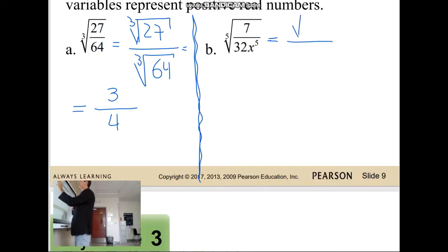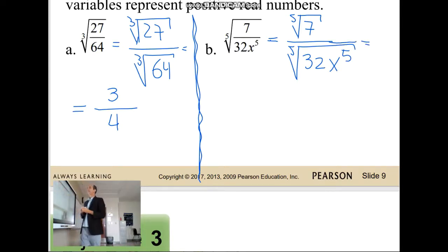So this is going to be the fifth root of 7 over the fifth root of 32x to the exponent 5, right? Simplifying a little bit more, we can actually simplify the denominator. Let's just repeat here the numerator.